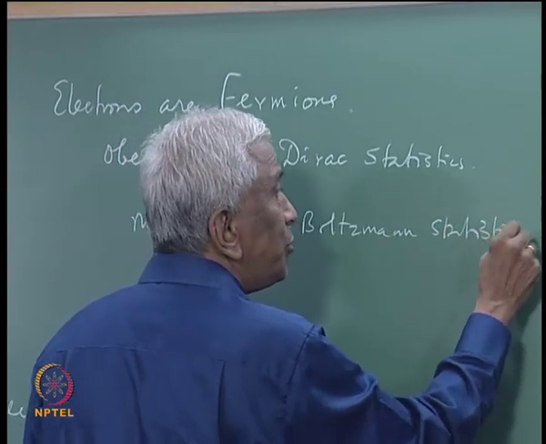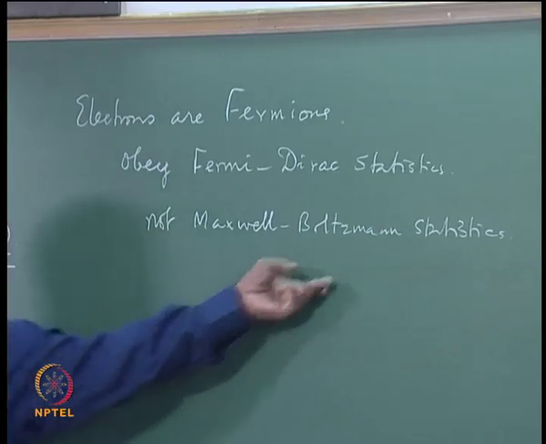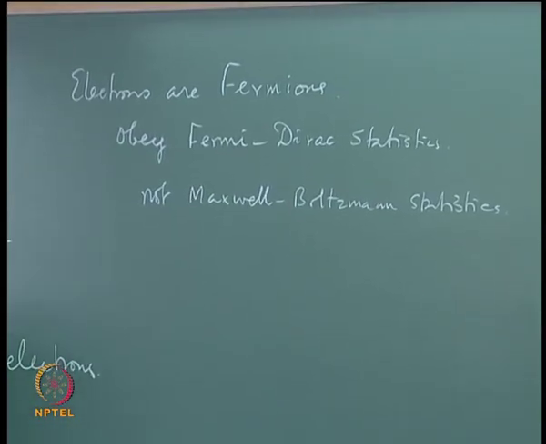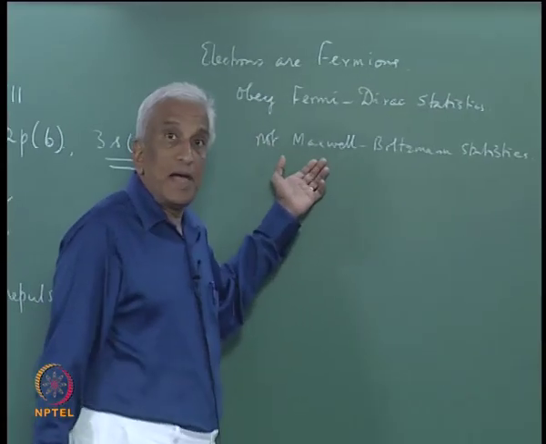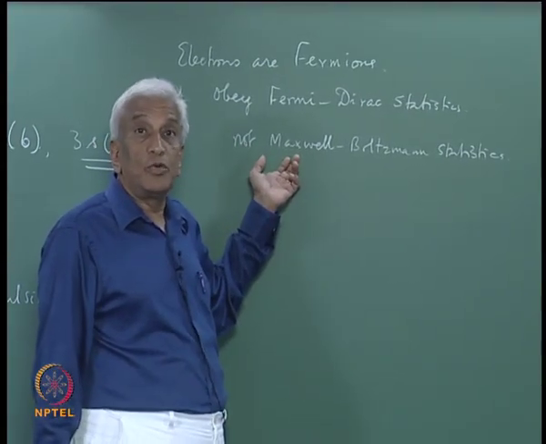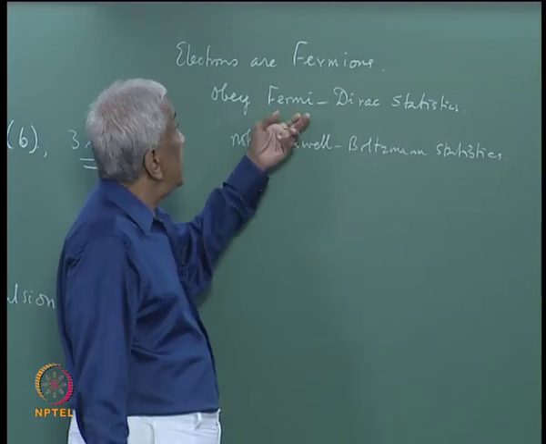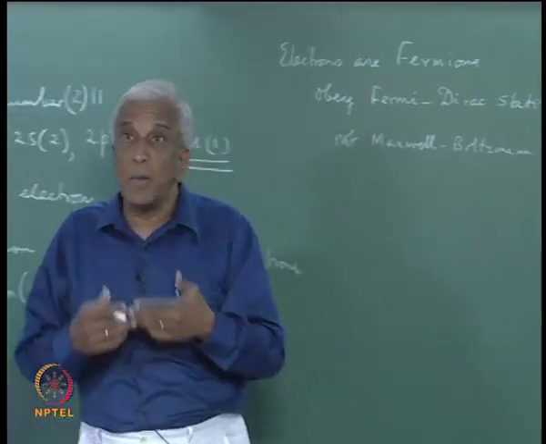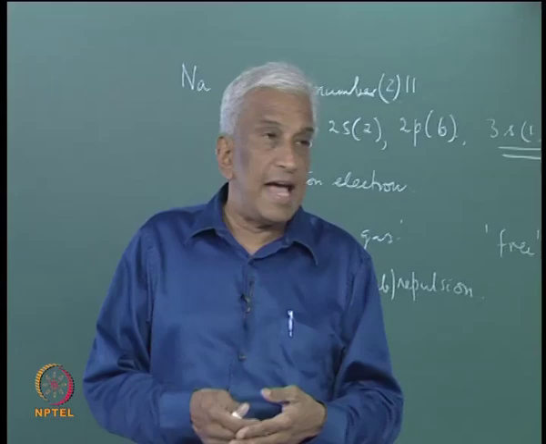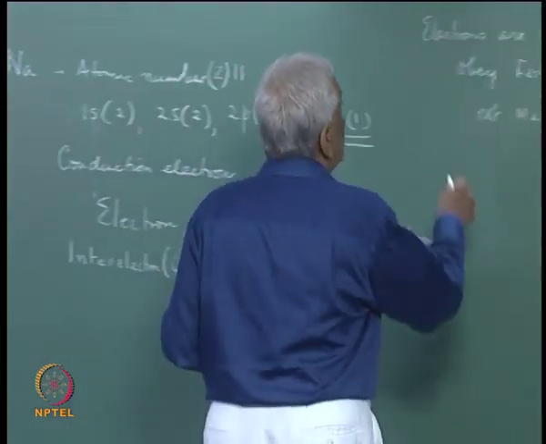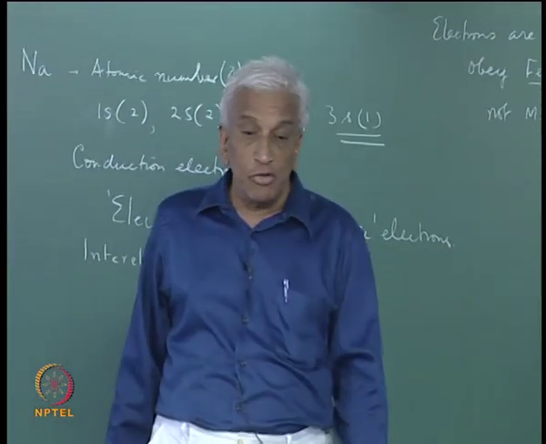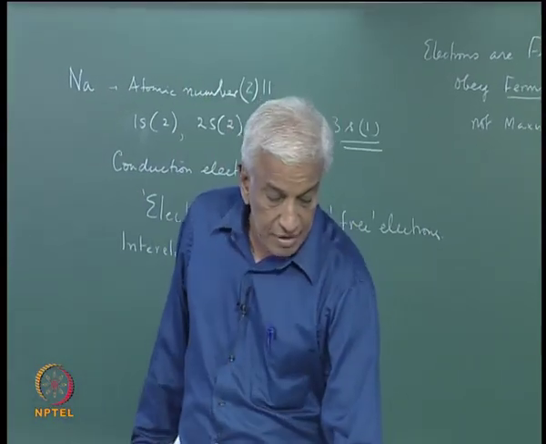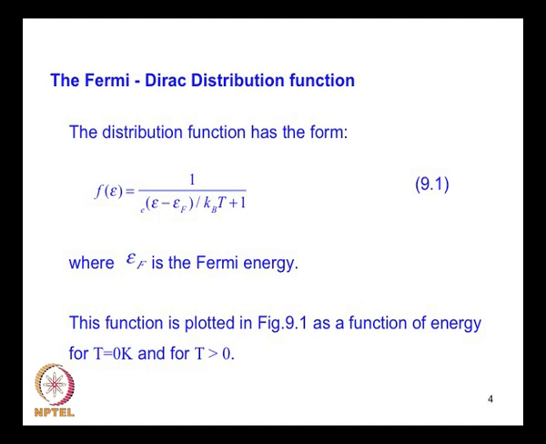So, their collective behavior is not described by classical Maxwell-Boltzmann statistics, which is obeyed by ideal gas molecules and atoms. When we discuss the properties of this electron gas, we have to take account of the fact that they obey Fermi-Dirac statistics, and use it to describe their collective behavior.